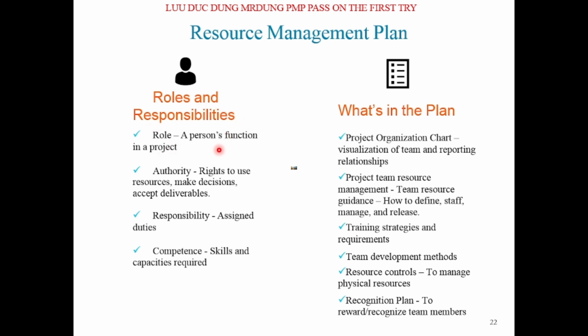Role and responsibility. Role: a person's function in the project. Authority: the right to use resources, make decisions, accept deliverables. Responsibility: assigned duties, competency, skills, and capacity. Why?